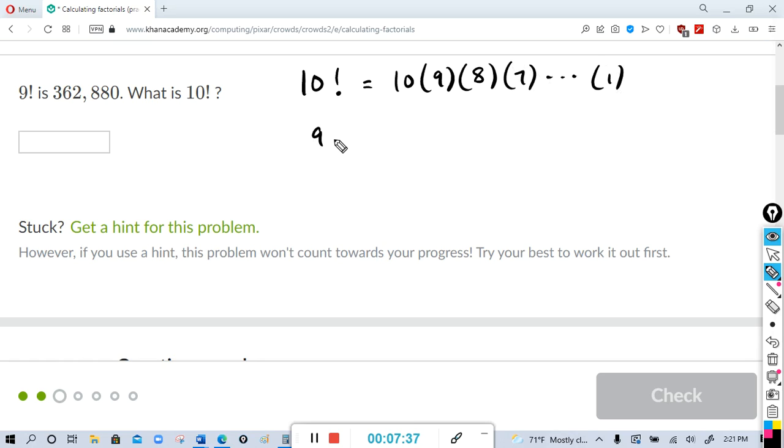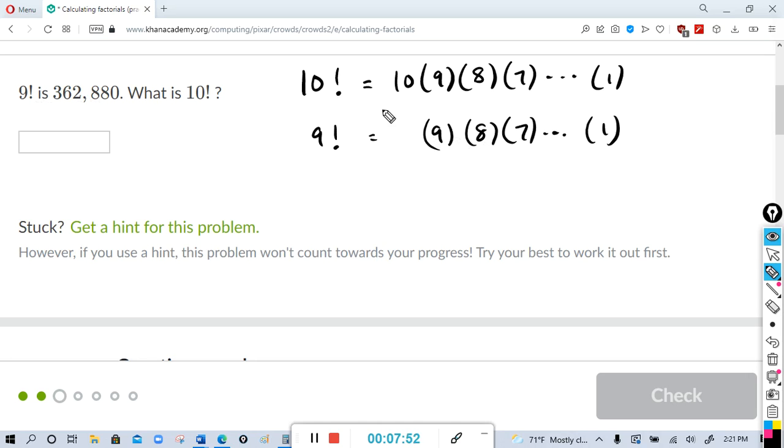And if you have 9 factorial, that's going to be 9 times 8 times 7 and so on until you reach the number 1.